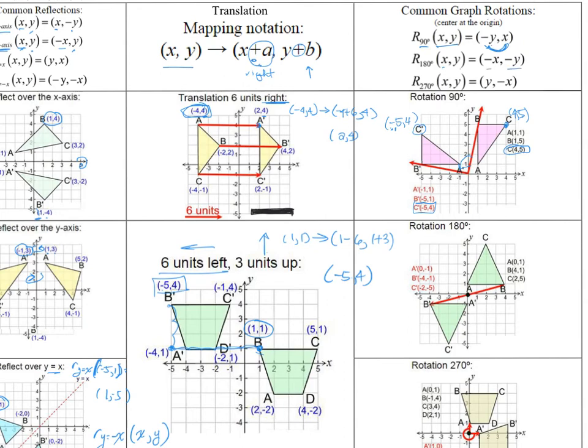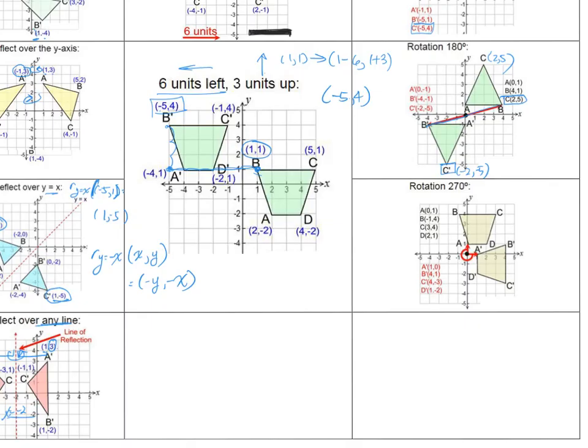For a rotation of 180 degrees, the x and y coordinates just take opposite signs. So if we look at point C here, (2, 5), and we've rotated 180 degrees, point C would just be (-2, -5). And now let's look at a rotation of 270 degrees counterclockwise, and let's look at point D, (2, 1).